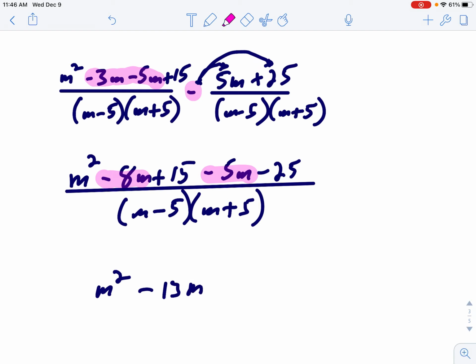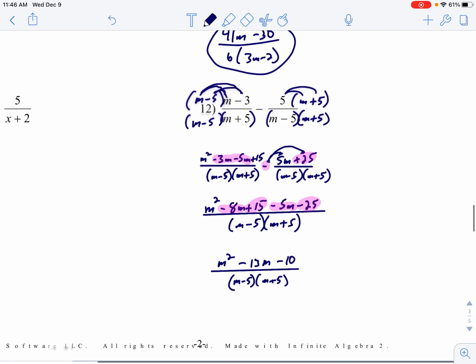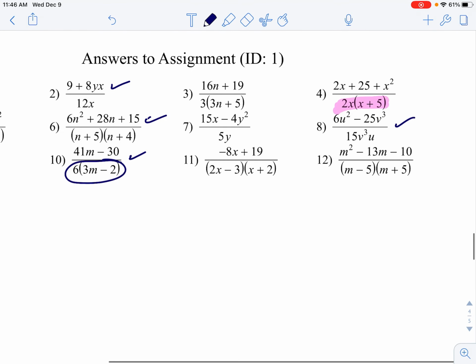And when you get to the constants, that's positive 15 minus 25, not plus 25. 15 minus 25 is negative 10. The bottom is m minus 5, m plus 5, and that should be the final answer, and it is.